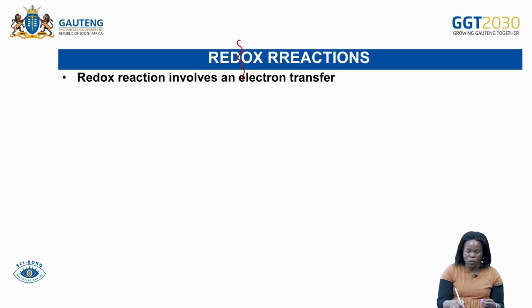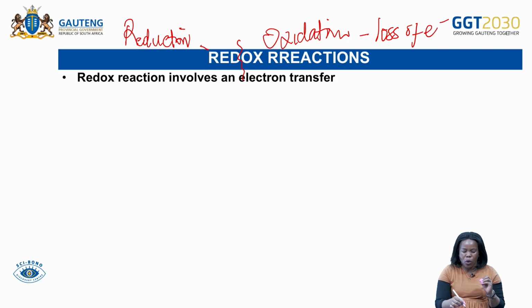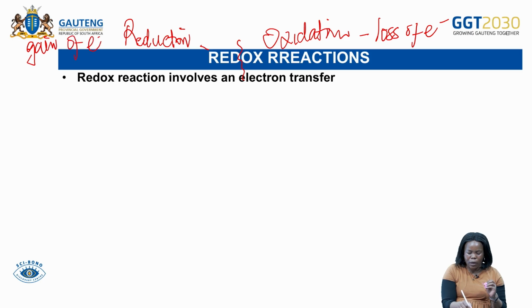We said this is the reduction, and this is the oxidation. Going further, what is reduction? Very important: the gain of electrons. What is oxidation? The loss of electrons. So that is the basis of this reaction.